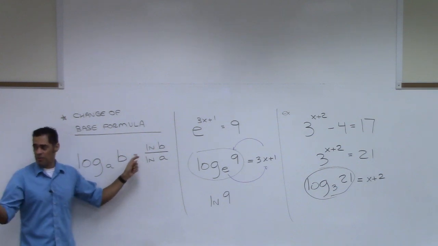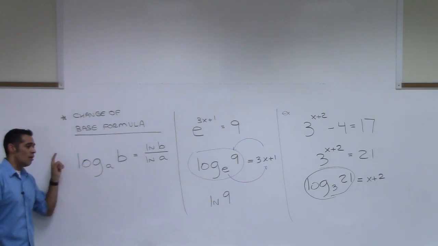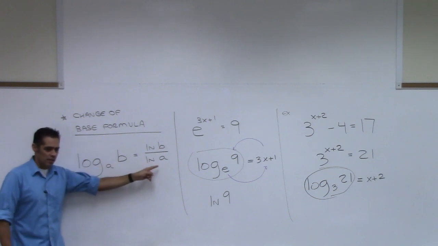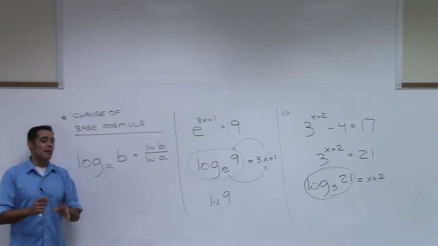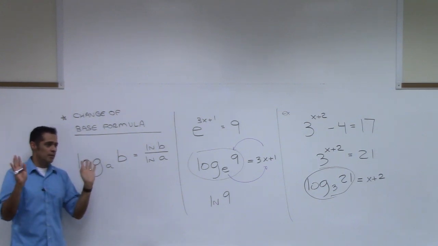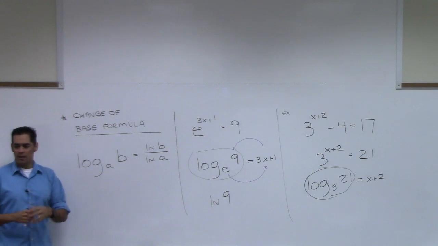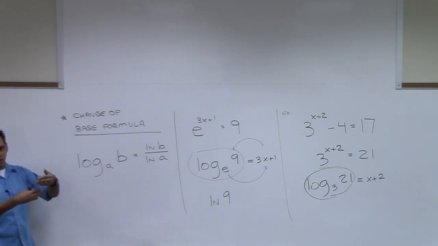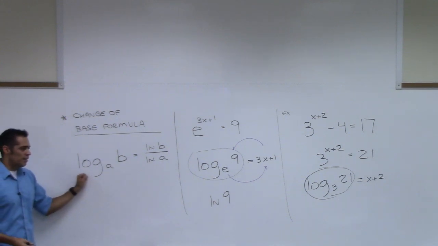So exactly what you said. This allows you to solve any log with a calculator. All right? That's why your calculator only has, technically your calculator only needs 1 log key. It only needs 1. But it gives you both the log and the natural log. This formula is going to be very, very handy now.